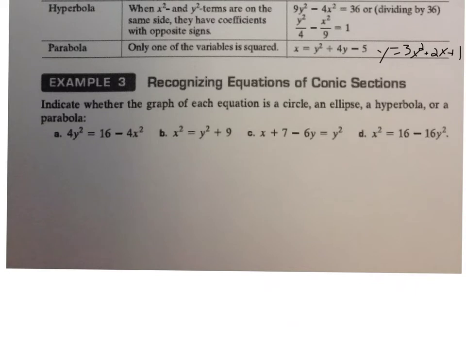It says indicate whether the graph of each equation is a circle, an ellipse, a hyperbola, or a parabola. The first thing you need to do is get the variables on the same side, assuming they both have squares. If we only have a variable with a squared, then you know it's a parabola automatically. So we're going to have to add 4x squared to the other side.